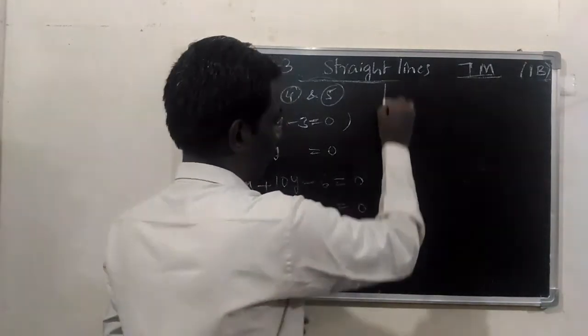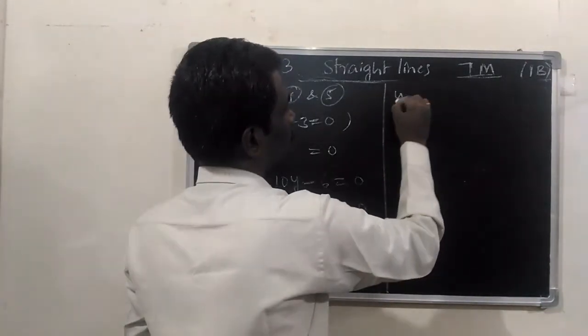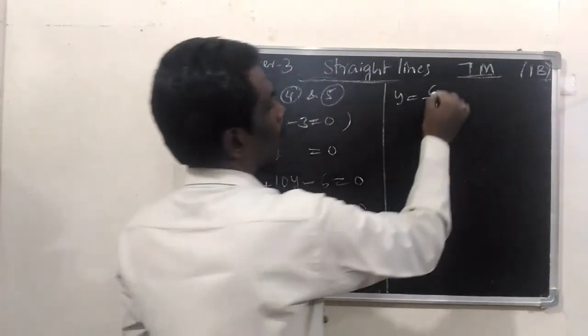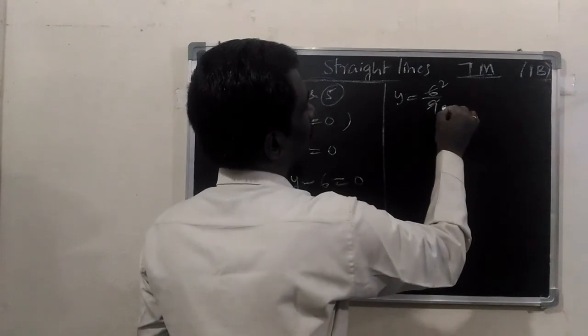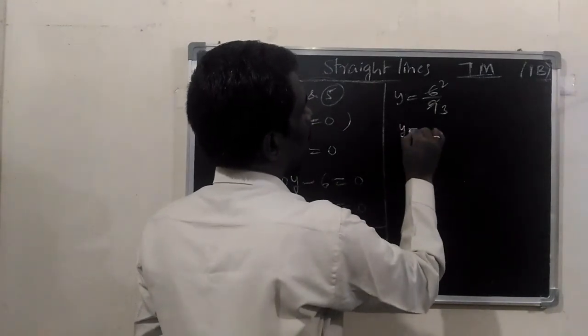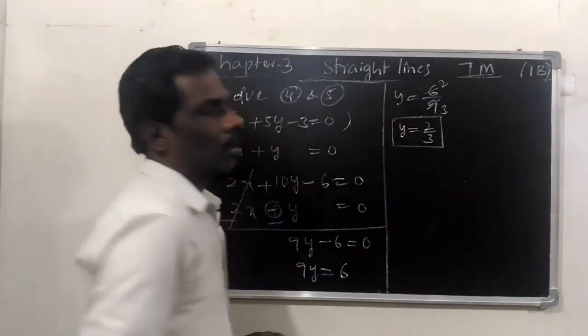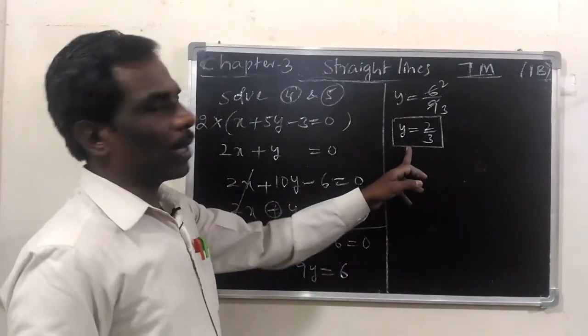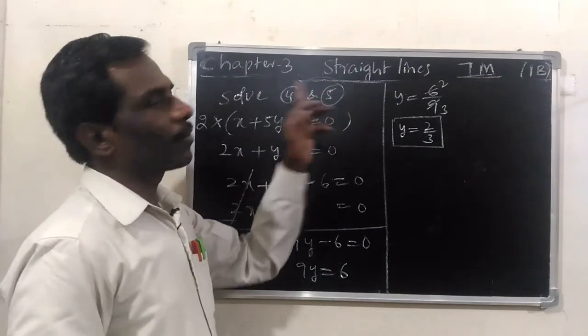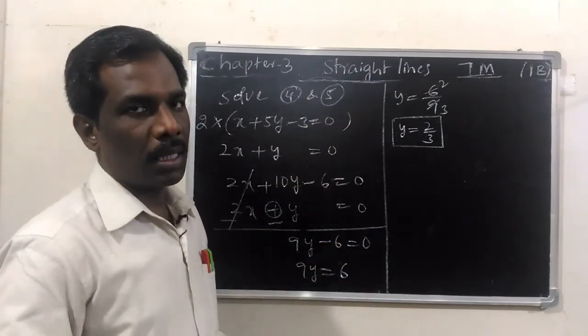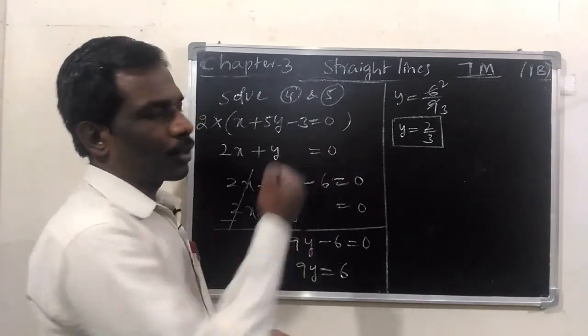Then y is equal to 6 by 9. 3 2s are 6, 3 3s are 9. So what is the y value now? It is 2 by 3. Now we can substitute this y value in the fourth equation or the fifth equation. So which equation is the simple equation? In that equation, substituting is better.